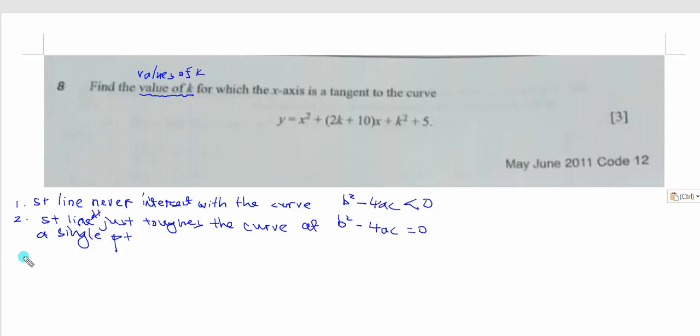Now, the third case, the straight line intersects with the curve at, okay, wait, go back, this is basically tangent.